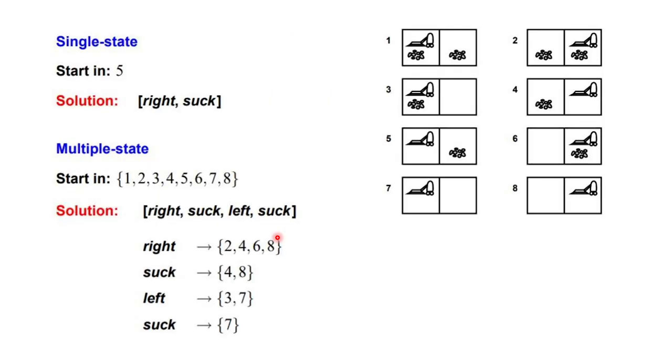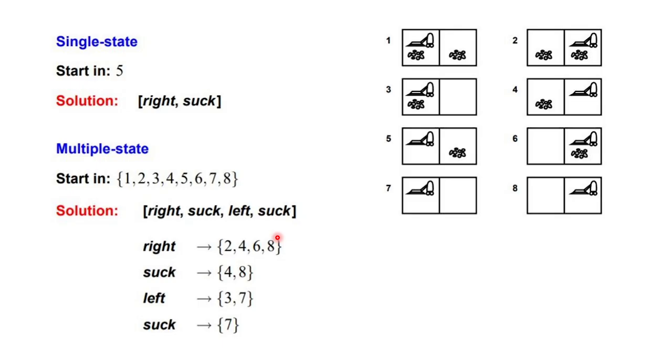Okay. Now, here you can see a simple vacuum cleaner toy problem we have discussed already. Here is a difference that has been shown between the single state and the multi-state.